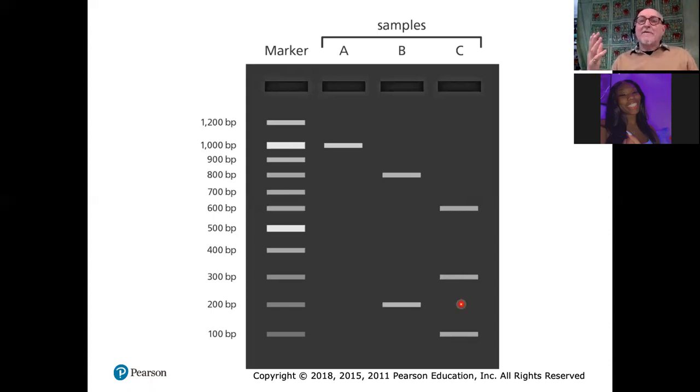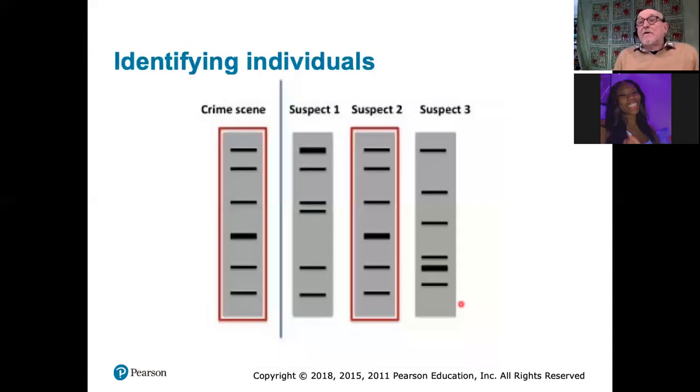And the probability of that occurring by chance was infinitesimally small. This is one big advantage of RFLP. You don't have to look at many different RFLP sites because they are very big, and the amount of variability in the human population is huge because they are so large.